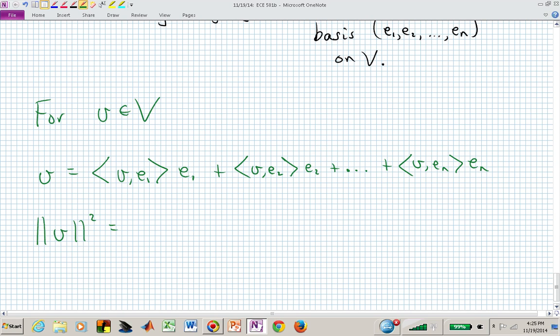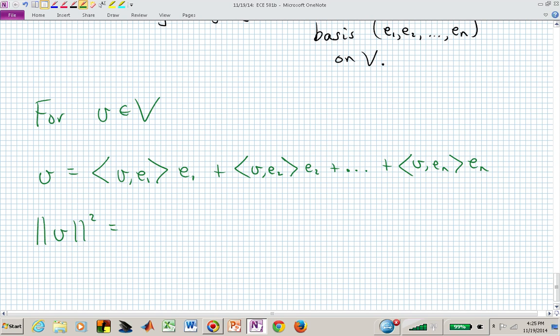Take the absolute value of each of those coefficients and square it, and then just add all of those squared absolute values up, and that will be the norm of V squared. Does that sound familiar? Because E1, E2, and En, what is their impact on a magnitude? Nothing, is it? It's just one.